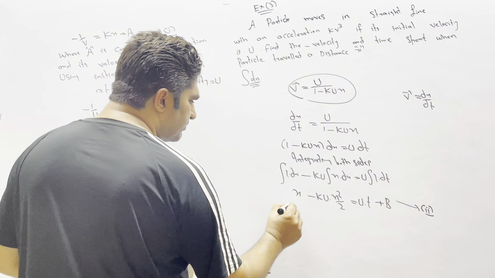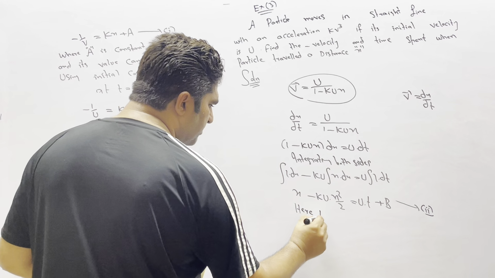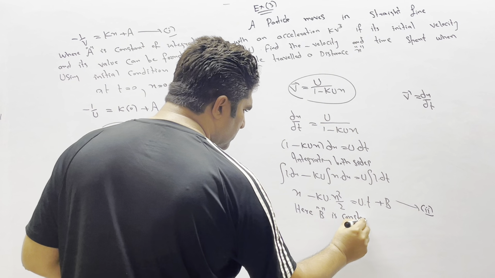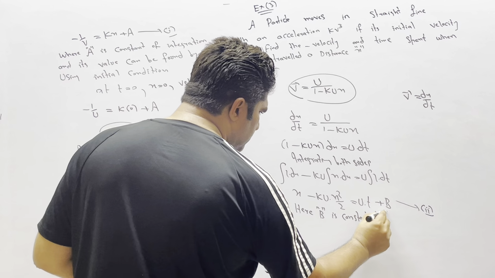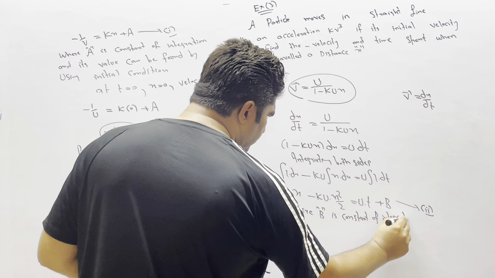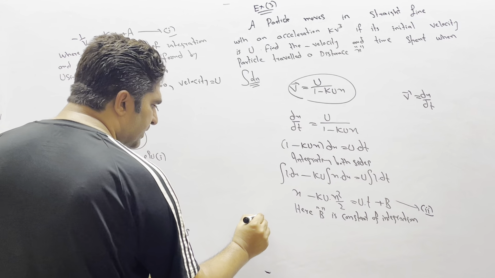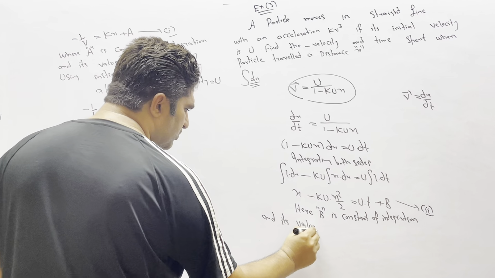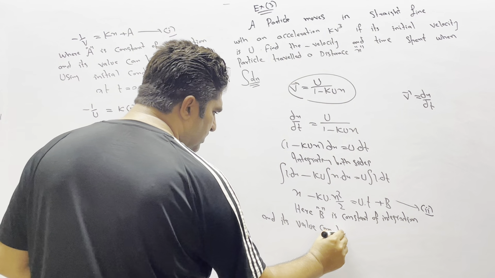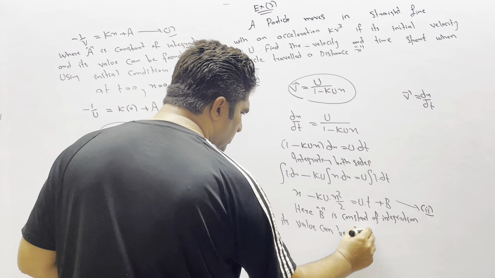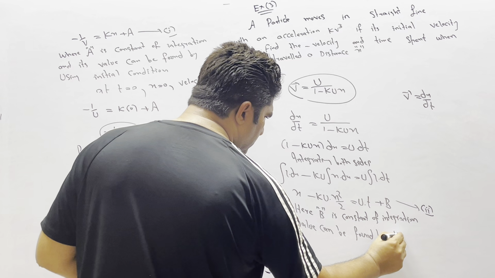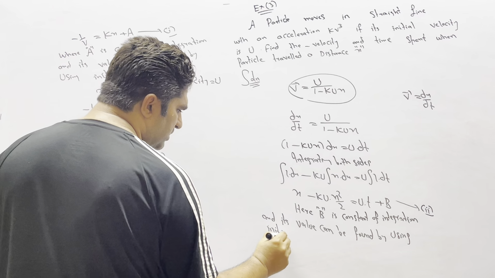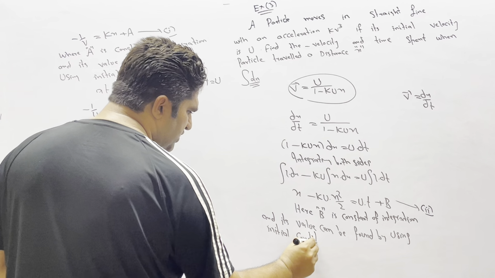Here B is a constant of integration, and its value can be found by using the initial conditions.